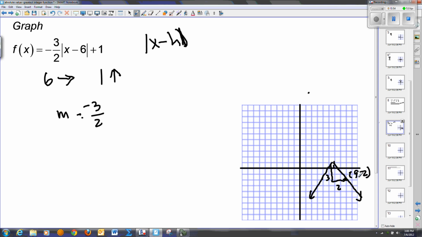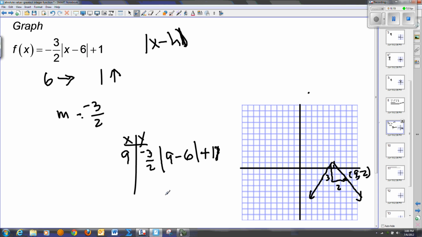That's the point 9, negative 2. If I wanted to pick an XY chart and plug in the point 9 for X, well, then I'd have negative 3 halves times the absolute value of 9 minus 6 plus 1.